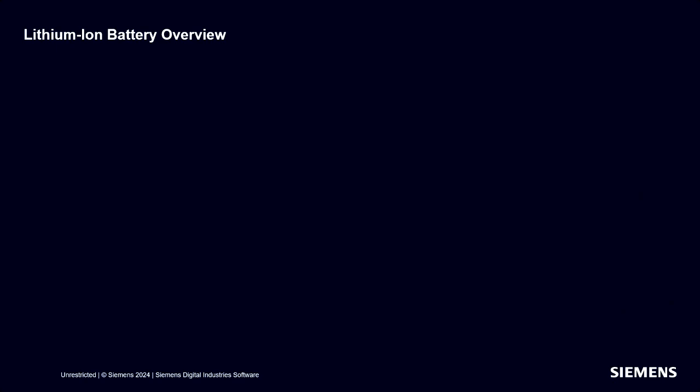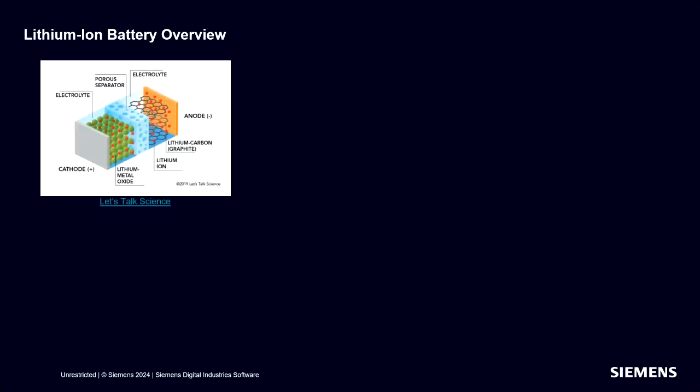I just want to give a little overview of lithium-ion batteries in general. I'm sure most of you attending are quite familiar, but there may be a couple who aren't. These are the traditional components of a lithium-ion battery. You have an anode with the collector in orange. The anode has an active material, in this case graphite, which is lithiated, so it contains lithium.